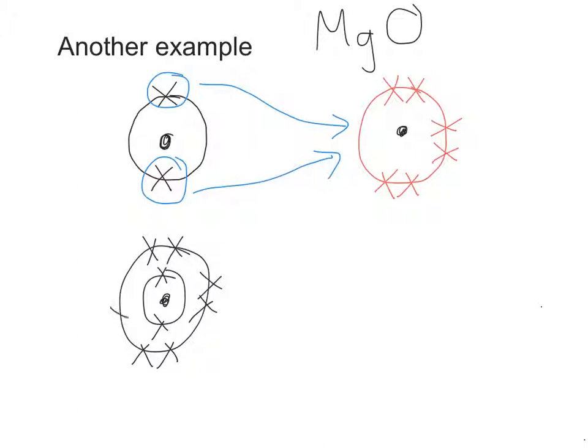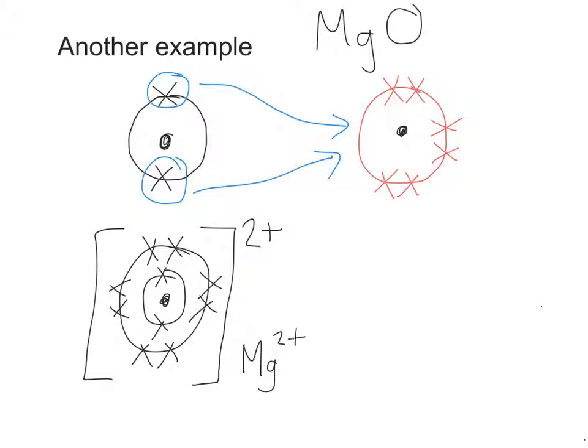So now I'm drawing the electrons that are present. Square brackets. It's lost 2 electrons. It becomes a 2+ charge. If you're not sure about how the ions get their charge, have a look on your common ion chart. All of the charges are on there.